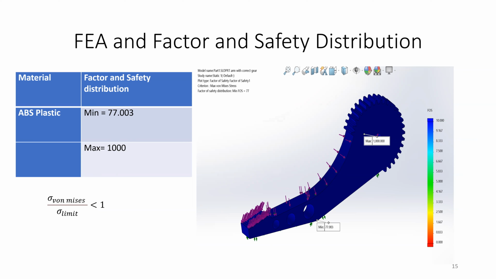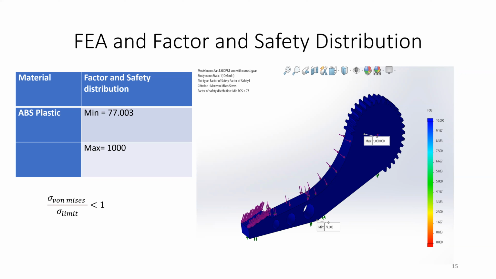FEA and factor of safety distribution. The safety factor table includes materials, which was the ABS plastic. To the right of the table is the factor of safety distribution with a min of 77.003 and max of 1000. This is defined as the ratio between the strength of the material and the maximum stress of the part.